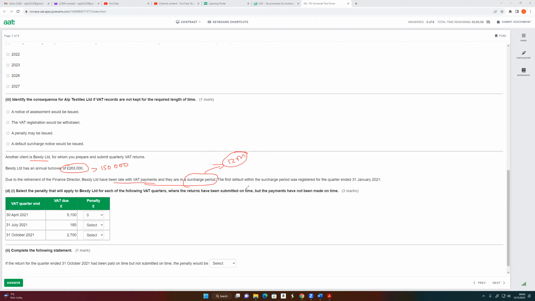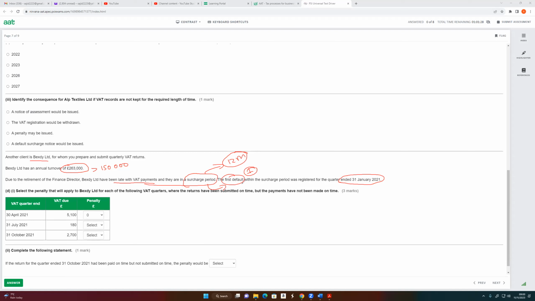The first default within the surcharge period was registered for the quarter ended 31st of January 2021. So that's my first default. That means after the period started, I did it again. So within 12 months, I paid late or I submitted the return late.